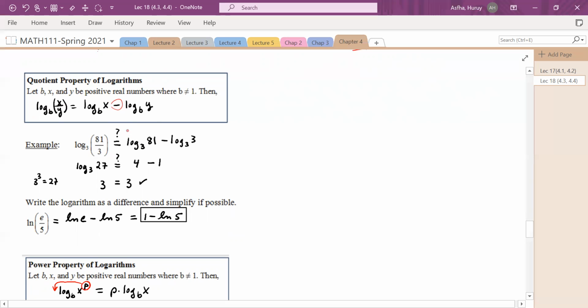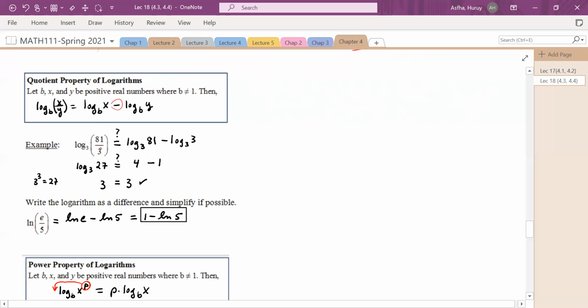So we can again apply this in simplifying expressions. For example, if we have log of 81 over 3, of course we can simplify this because 81 over 3 is 27. But we wanted to check if this works.